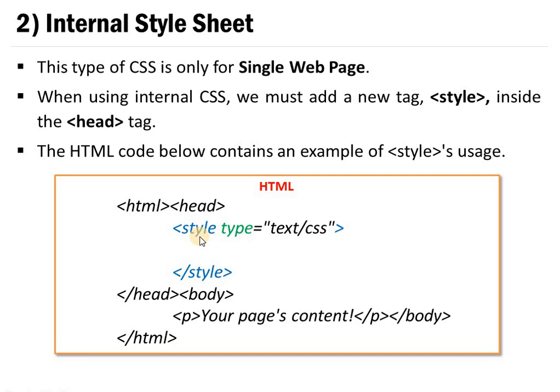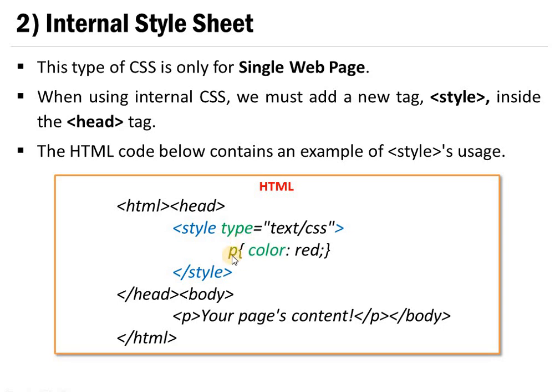For the style tag you have used one attribute, that is type, and you have set the value of type equal to text/css. What it specifies is that whatever is written in this style tag is related to text and your cascading style sheet, like this.